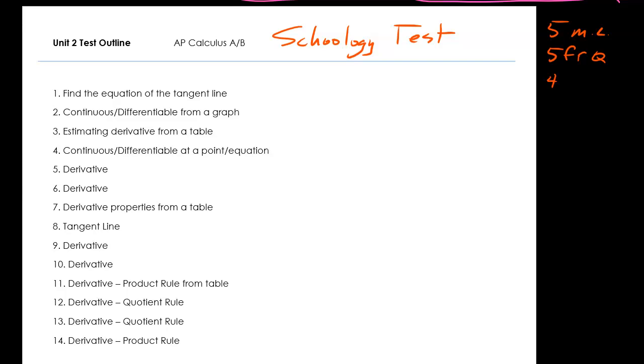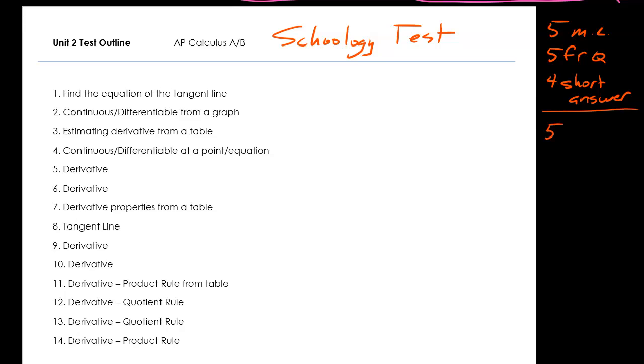And then there are going to be 4 short answer, which just means you put the number answer. So the four at the end are like those ones that are auto-graded. If you put in an answer of 10, it'll grade it right away because there's just a single number answer. So the ones that obviously are going to be different are these FRQ ones.